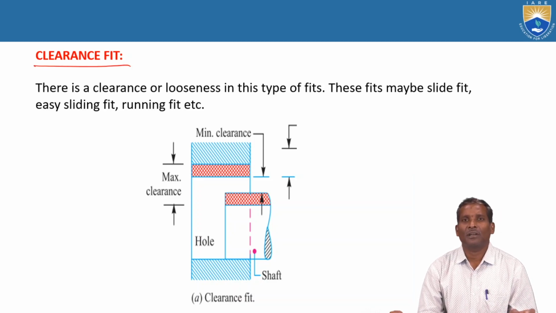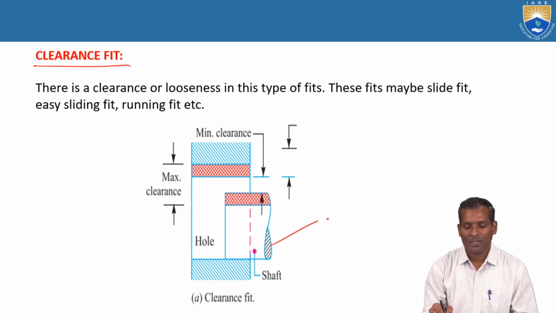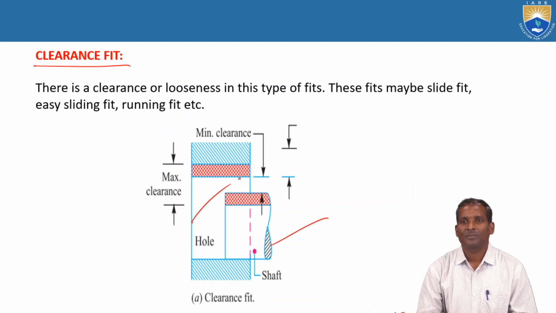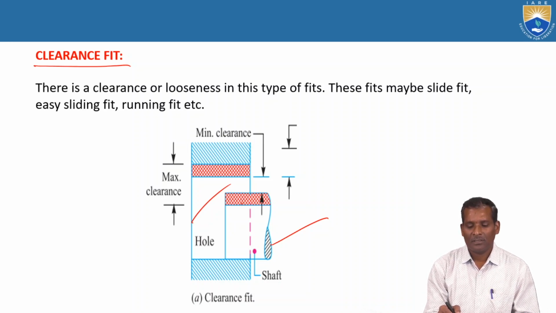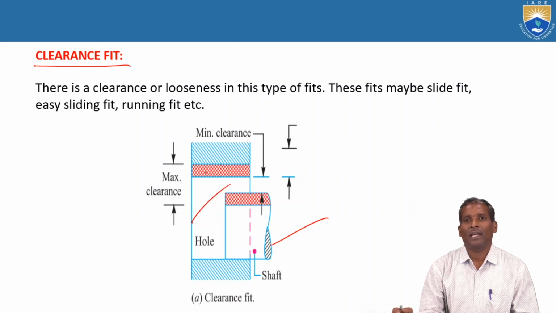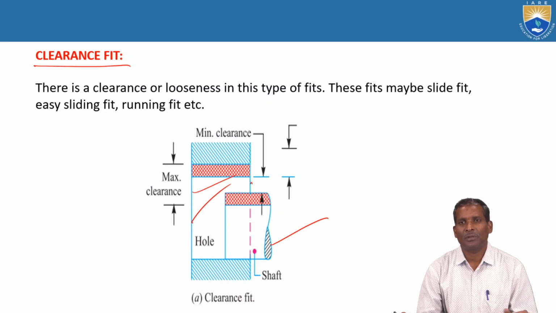In clearance fit, there is always a clearance between the shaft and hole. These two are the meeting parts, shaft and hole. These types of fits may be slide fit, easy sliding fit, running fits. Example, the shaft diameter is less than the hole diameter. Always in clearance fit, there is clearance between the shaft diameter and hole diameter.